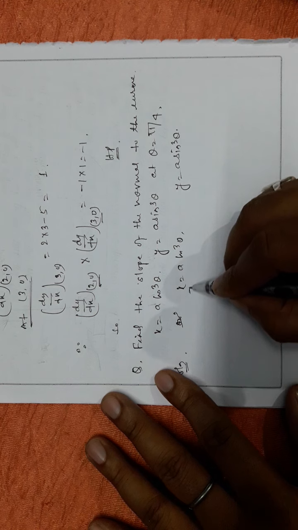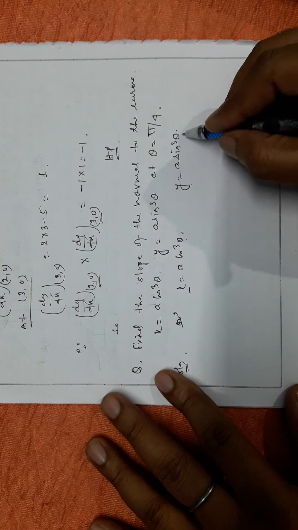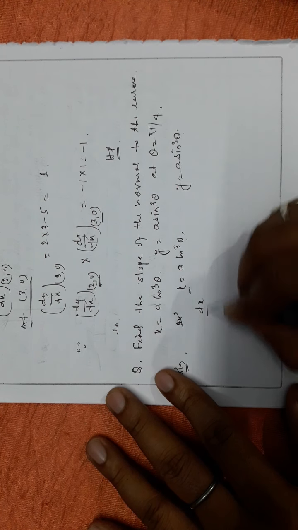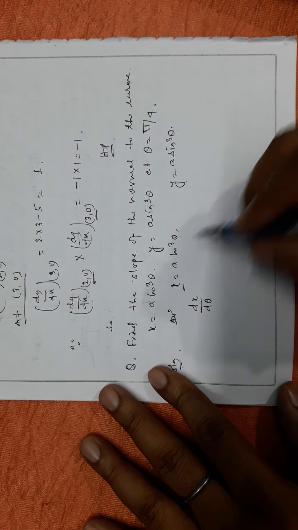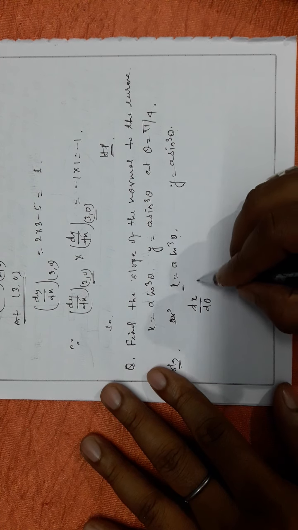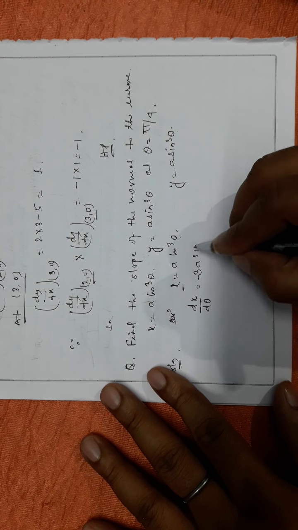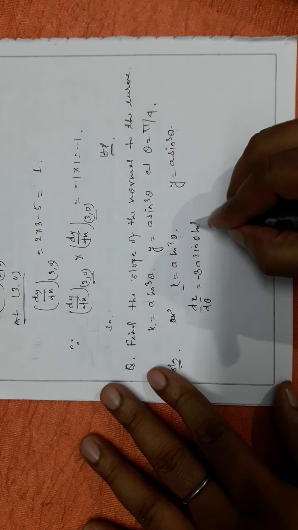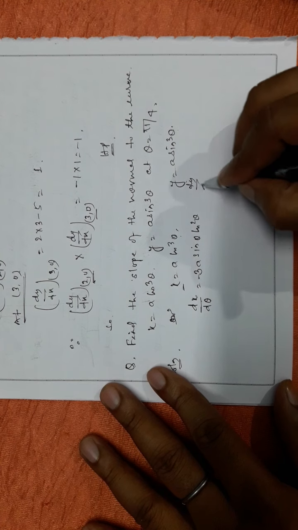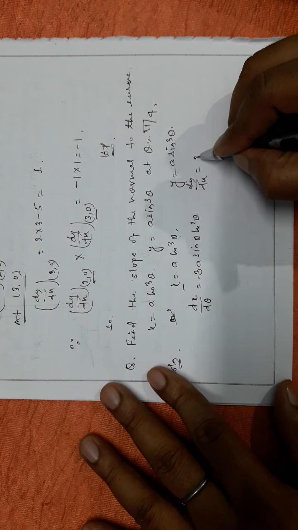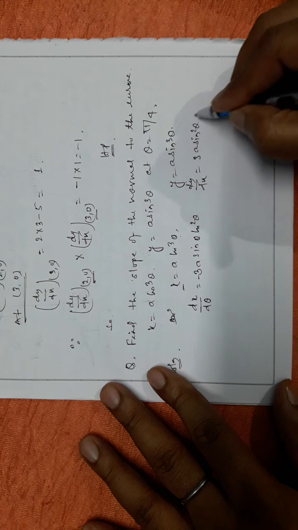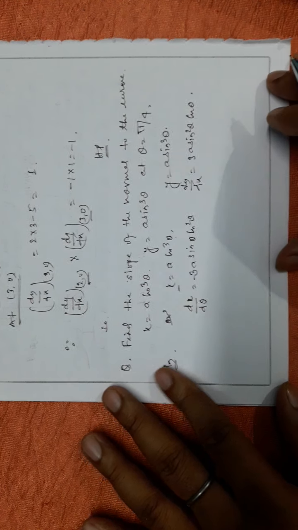We are looking here, x depends upon theta, y depends upon theta. So we first differentiate x with respect to theta. So dx by d theta equals minus 3a sin theta cos square theta, and dy by d theta equals 3a sin square theta cos theta.